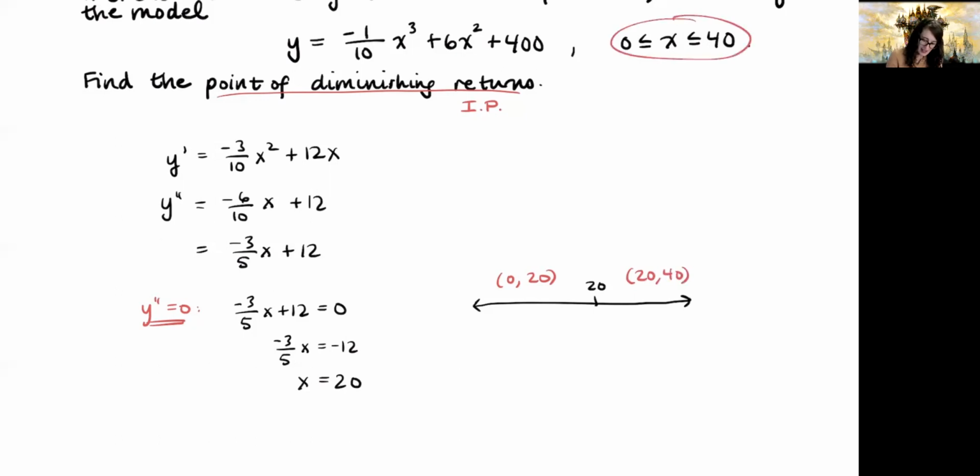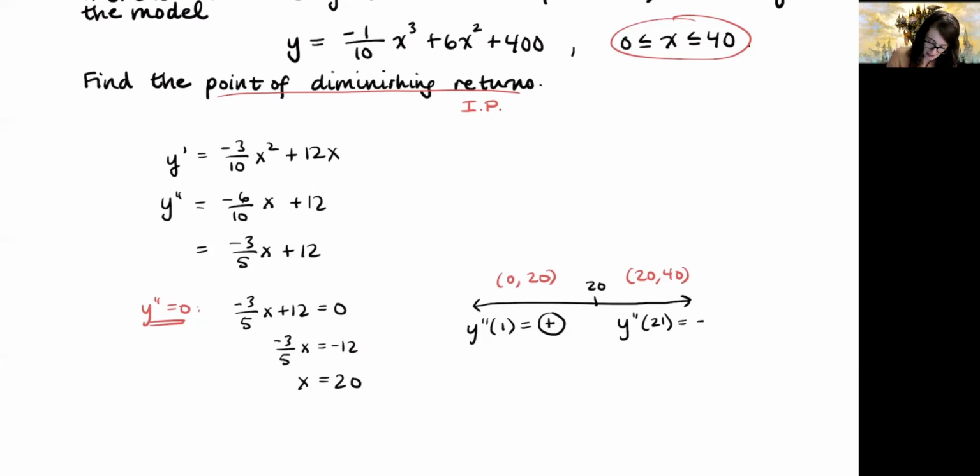We want to test the sign of the second derivative, so let's do y double prime of, how about 1? So when we plug a 1 into the second derivative here, -3/5 times 1 plus 12, that's a positive number. When we plug in, how about a 21, into the second derivative, we get -3/5 times 21, and then let's add 12 to that.